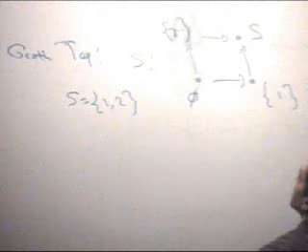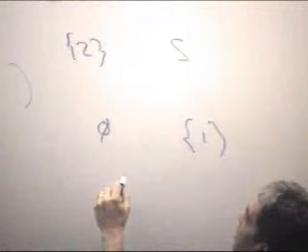So you take all the subsets of S. Let's say S is 1, 2. And I'm going to take the paths on this graph. So the paths, again, have 4 vertices.